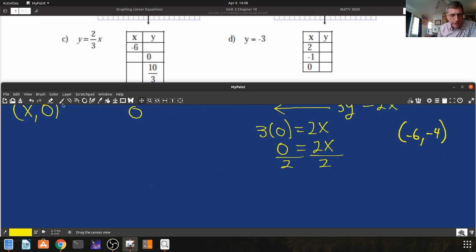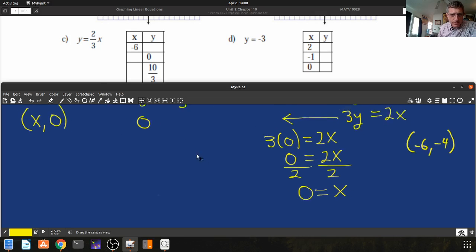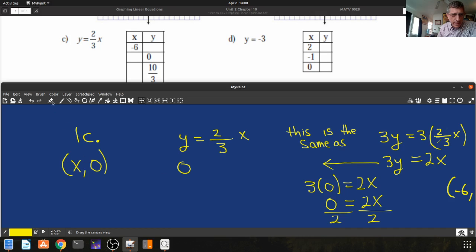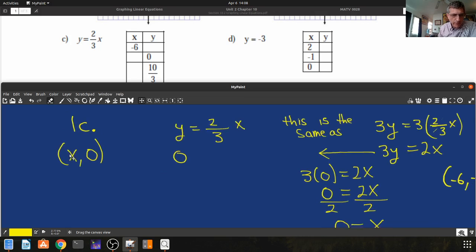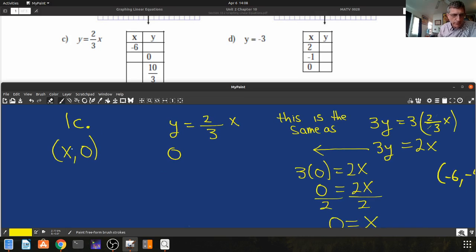So that gives me that 2 divided by 2 is 1, so 1x, or just x, and 0 divided by 2 is equal to 0. So that gives me my answer. My answer is x is equal to 0.